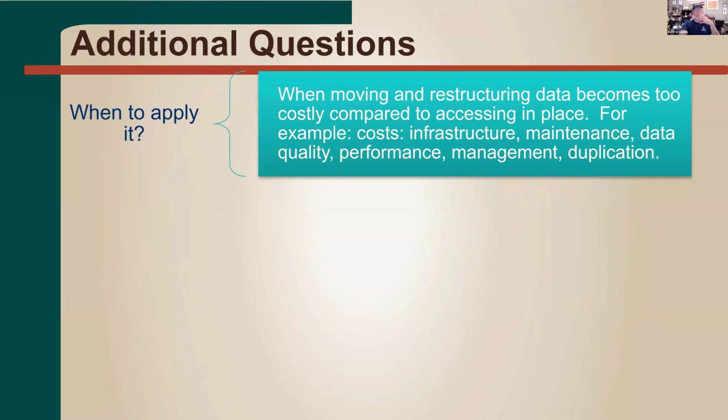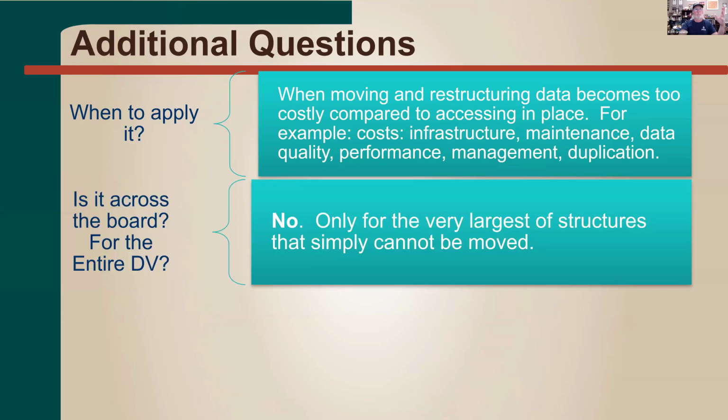And that's, as we said earlier, if moving and restructuring the data is too costly because it's too big. Is it across the board? The answer is no. You would only use it if you have these particular circumstances. So you may have a very standard data vault architecture with physical hubs, links, and satellites, maybe even physical business vault structures, PITs and bridges, all of that.